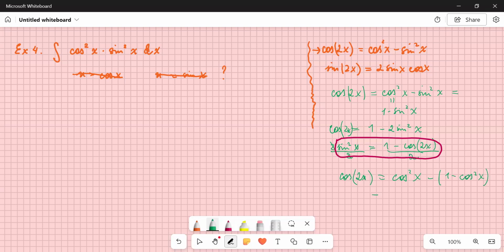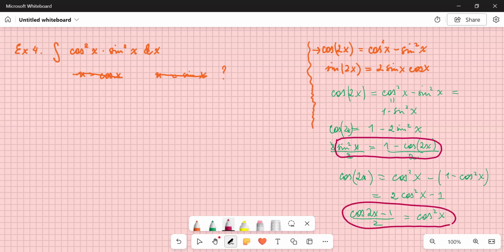Again, I'm using the Pythagorean identity here. So sine squared is equal to 1 minus cosine squared. If I simplify it, I'm going to get 2 cosine squared of x minus 1. In this case, I'm going to move this 1 over here, and I'm going to have cosine of 2x plus 1 and divide by 2. I get cosine squared of x. And that's going to be my second formula.